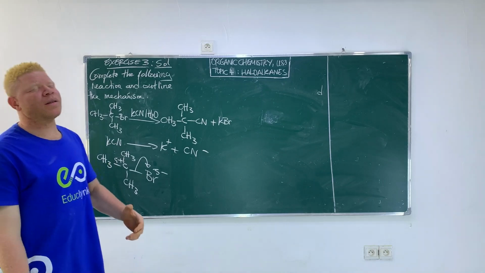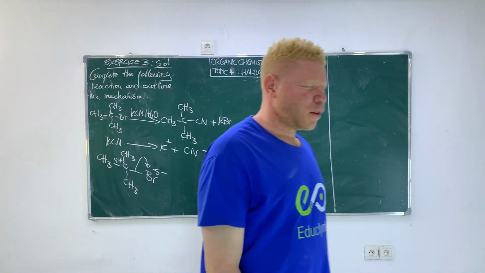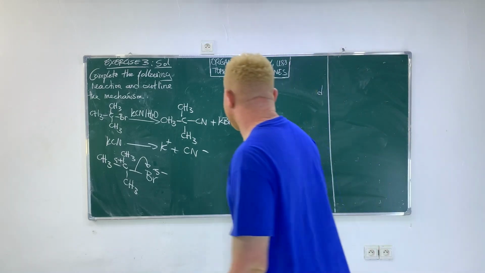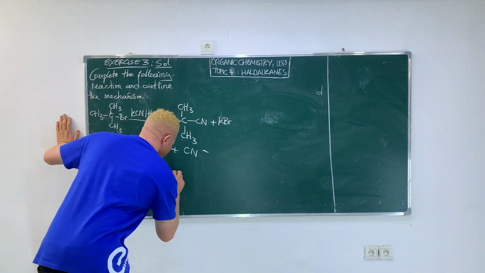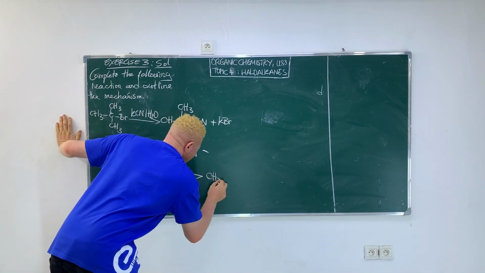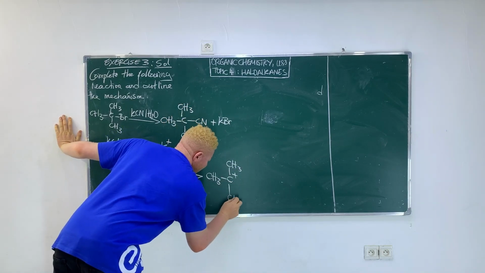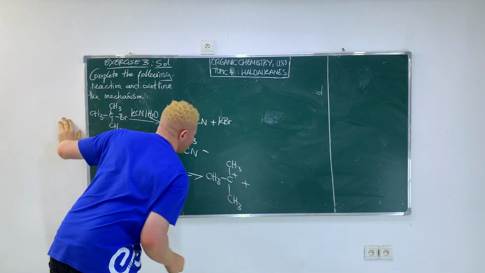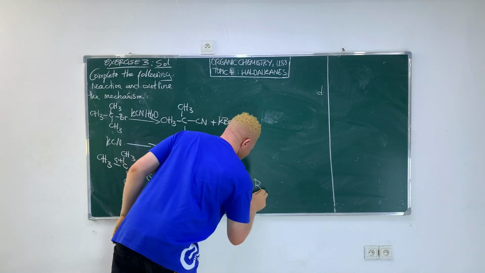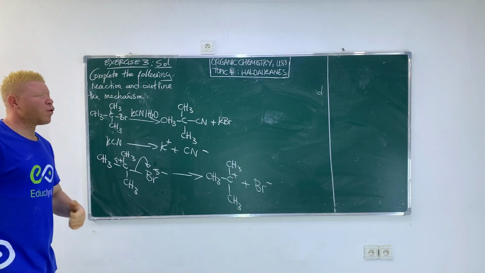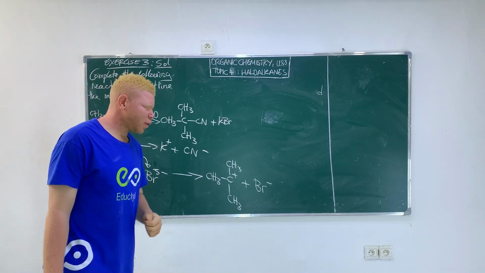The first step is a departure of the leaving group. So during the departure of the leaving group, I'm going to have CH3, C, CH3, CH3 plus, and Br minus. So that's step 1. Step 1 is the formation of the carbocation.